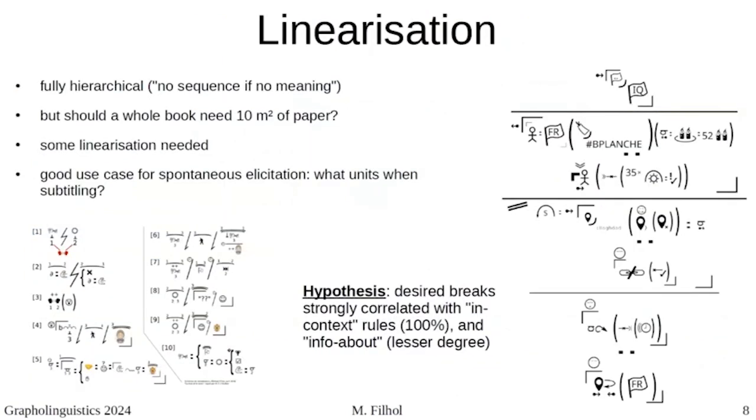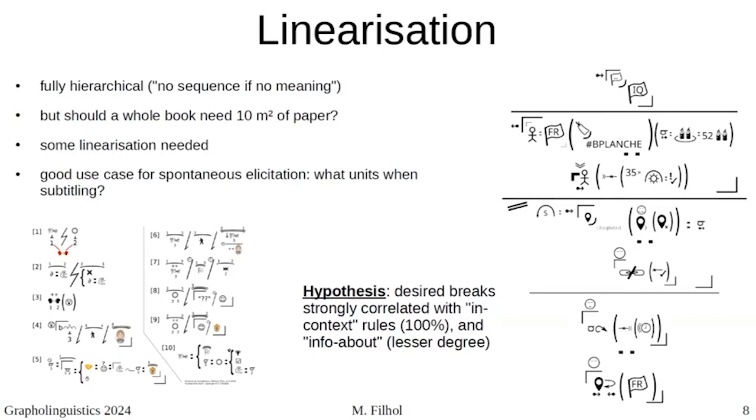So that's the starting point here. We have a fully hierarchical system, but what do we do if we want to write a whole book? Some form of sequencing will be needed. We don't want to write Harry Potter on a sheet of paper that would need more than the room to fit.